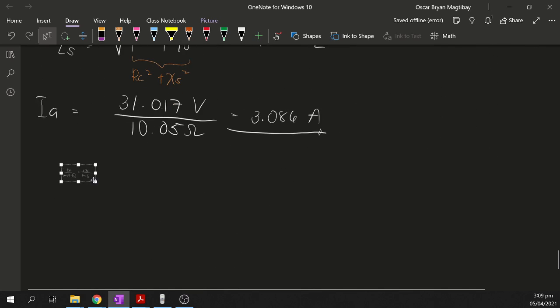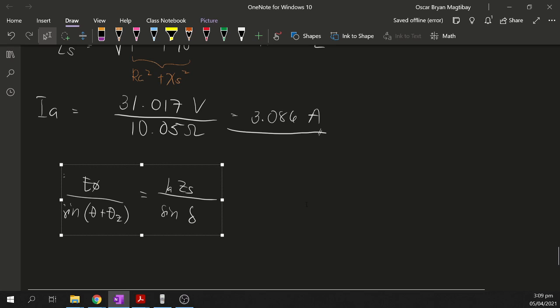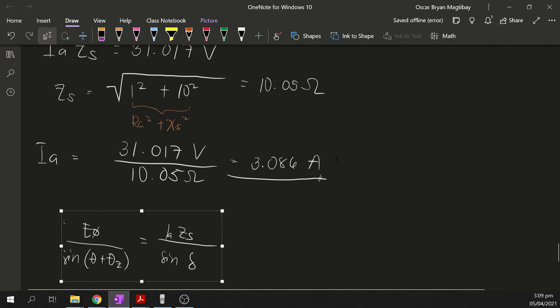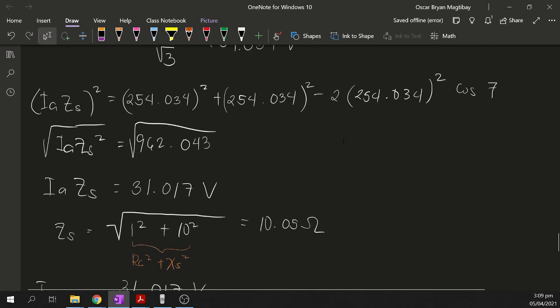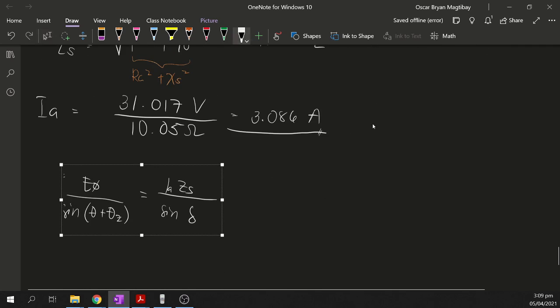So, ito yung pwede kong gamitin ngayon sa pagkuha ko ng theta. Kailangan kasi natin ng theta. So, ano bang E phase natin and IAZS? So, this is 254.